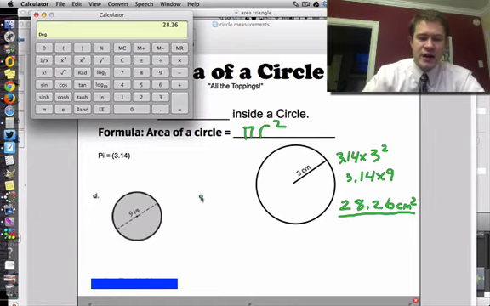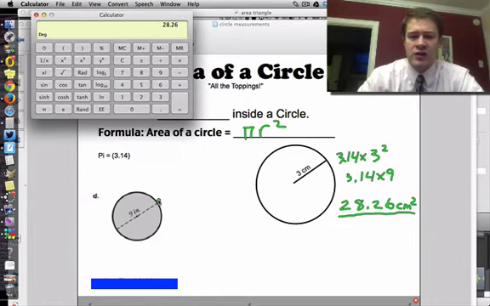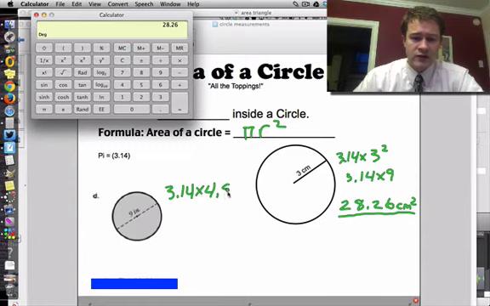Now what if I have a diameter? If I look here and I have a diameter and I need radius, if this is 9 inches for the whole length across, I cut it in half to find the radius. And so the way I find the area of this circle is I have 9 divided by 2, which would be 4.5. So I do 3.14 times 4.5 to the second power.